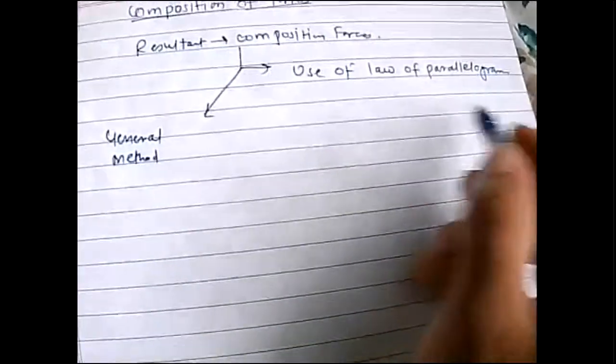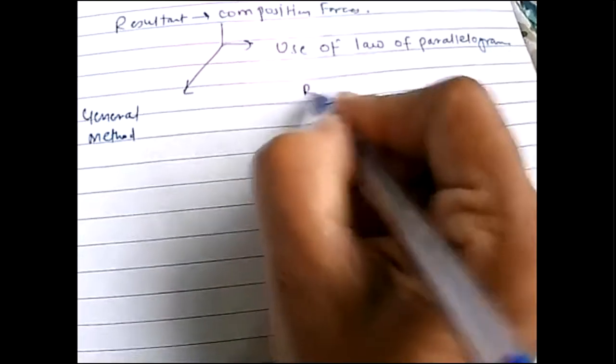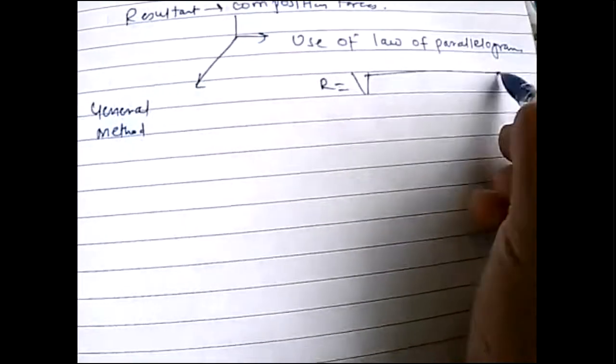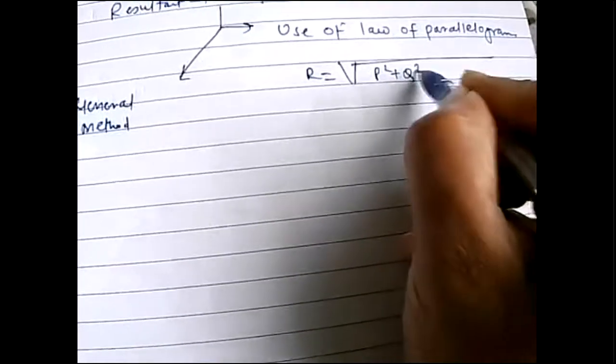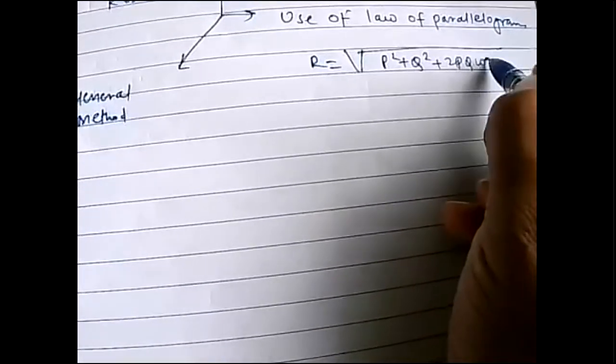In the parallelogram law, we have this formula: R is equal to under root P square plus Q square plus 2PQ cos theta. I'll draw the diagram to explain.